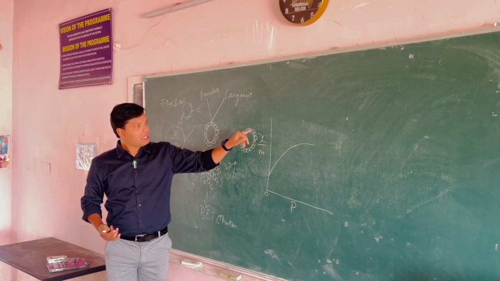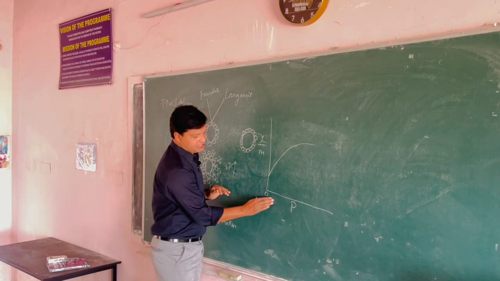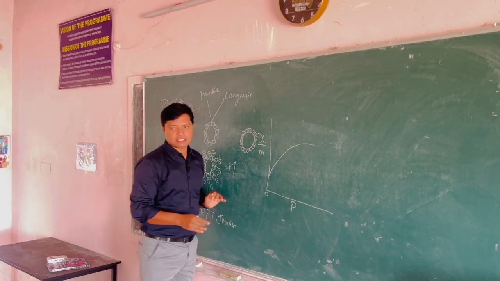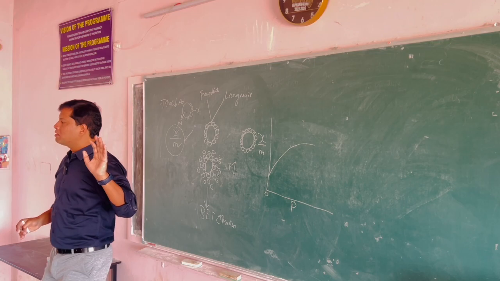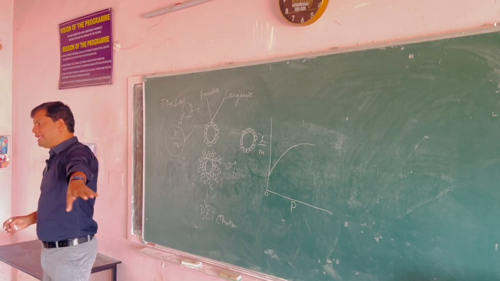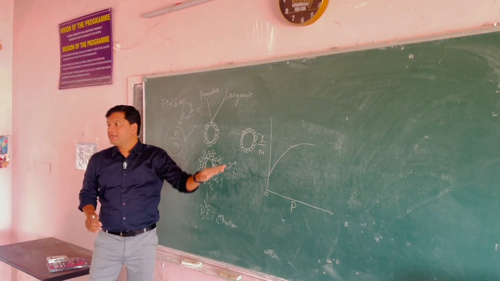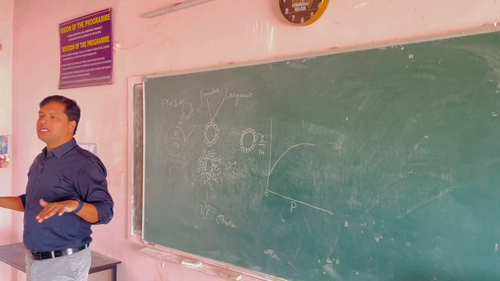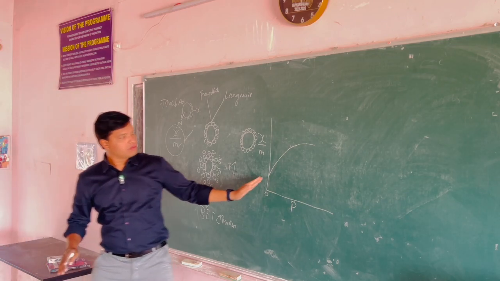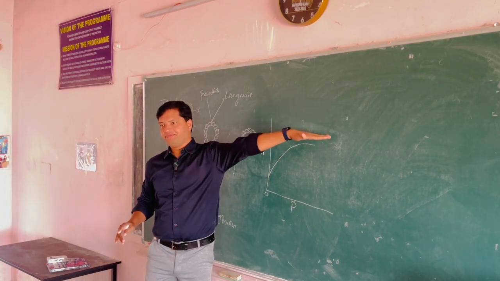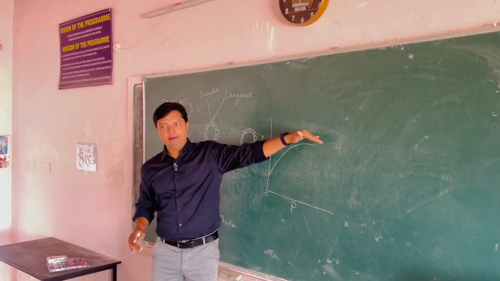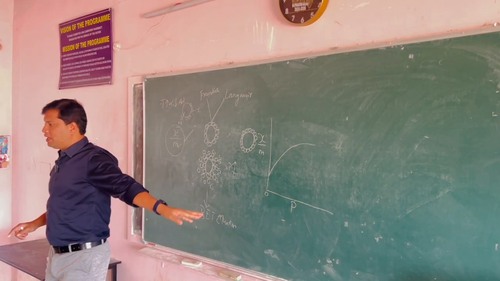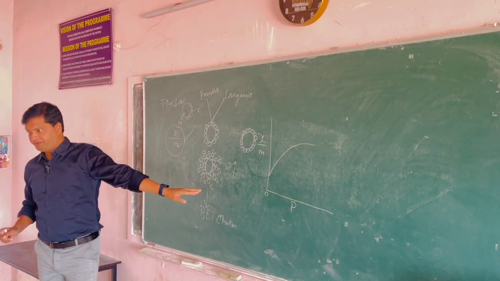Increase the pressure, and the amount of gas also increases; both the x-axis and y-axis are increasing. Once it forms a monolayer, there is no further adsorption, so it becomes almost flat. Slowly it increases and then becomes flat. That's how we represent it. This is your Freundlich graph.